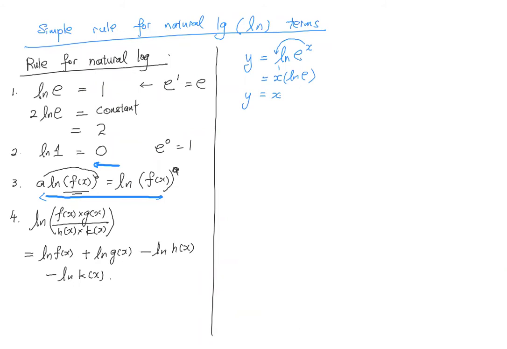Ln e is 1. So if I ask you to find the derivative of this, can you? Is it just 1? Yeah, you are right. You see? That's why I say the most important rule for differentiation is like that. I have to ask myself first, can that be simplified? If it can be simplified, I will try my way to simplify it.